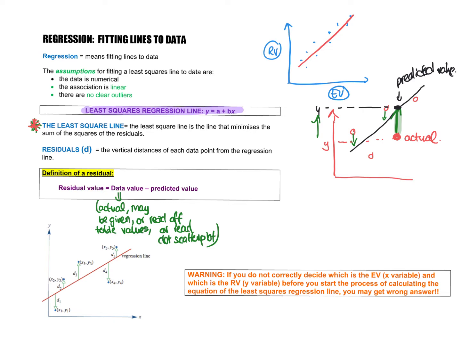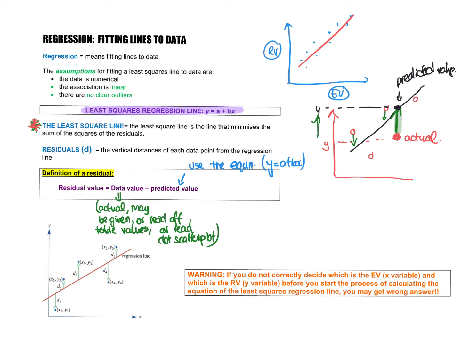Now with the predicted, we're going to use the equation that we're going to find, y equals a plus bx. You use that to find the value of the predicted. So obviously we're going to look into getting this equation, the least squares equation.